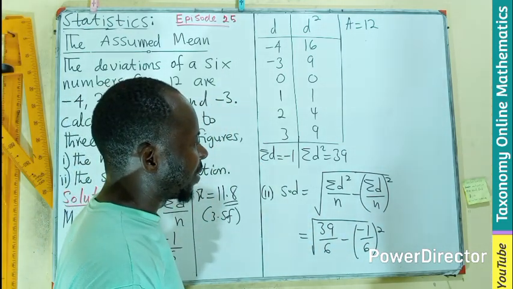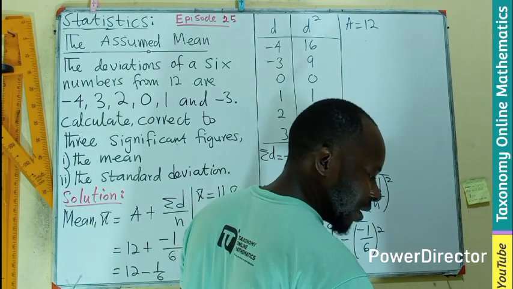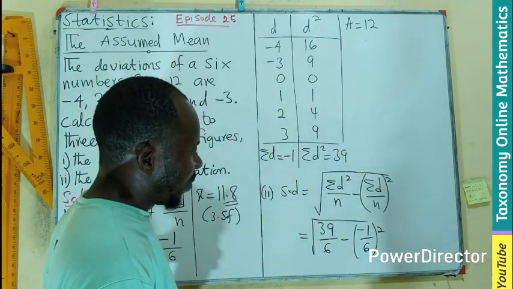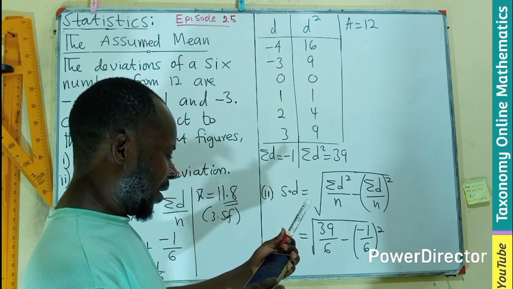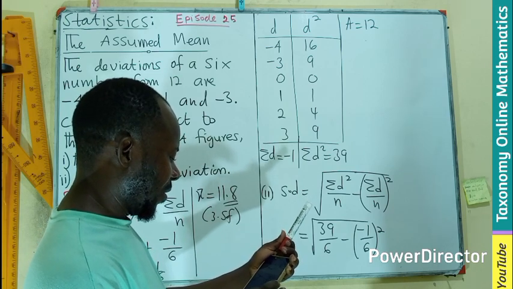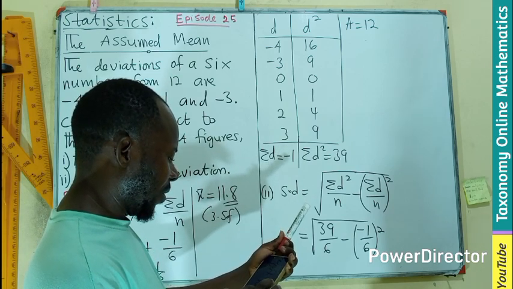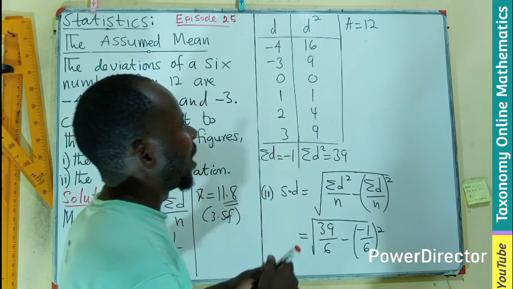So in that bracket, let's use a different marker to distinguish that. If I have 39 divided by 6, I should be having 6 point something.